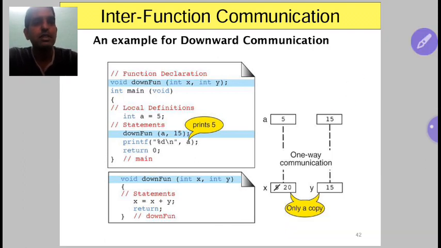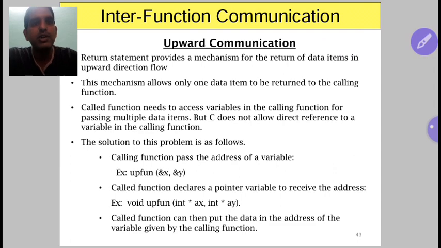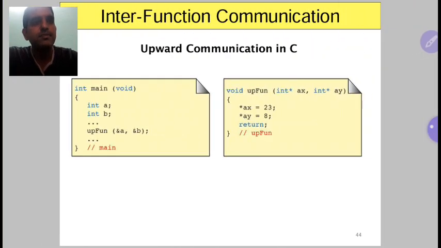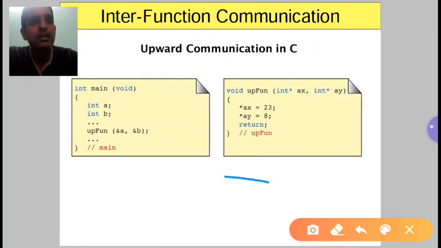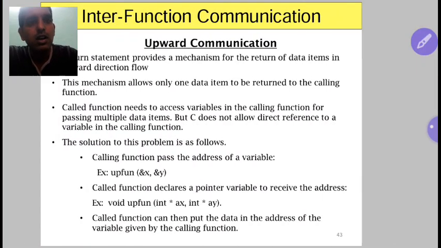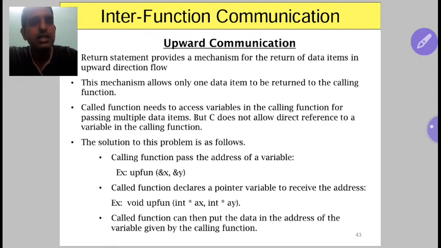Next, in the upward communication, mostly the transfer of data will be from the called function to the calling function. In this, we are going to use call by reference. What is call by reference?